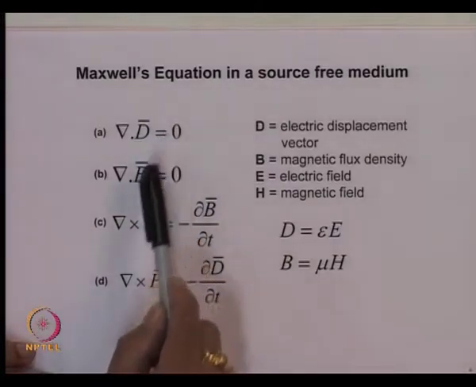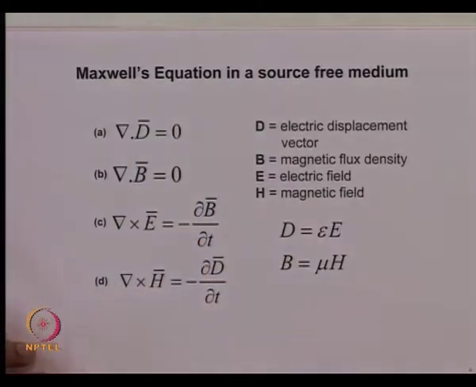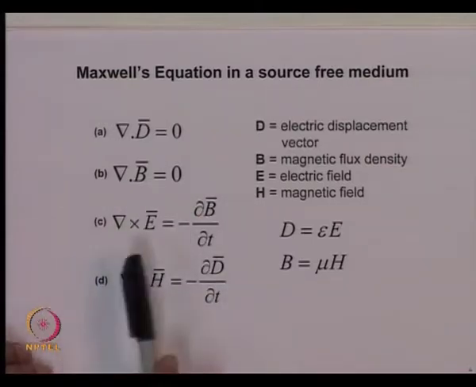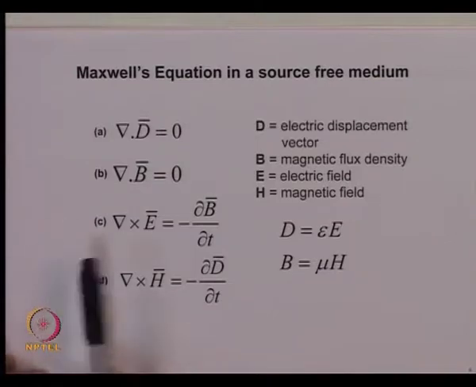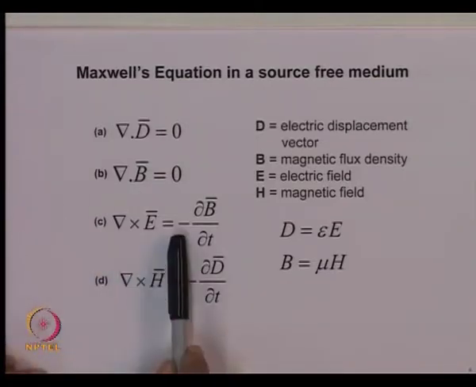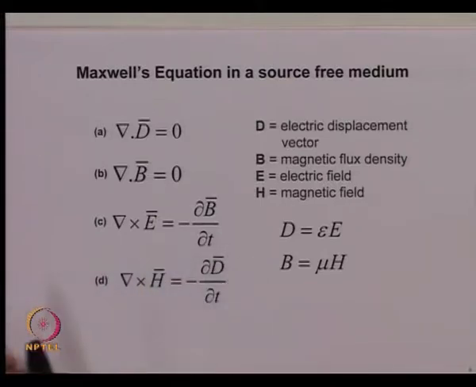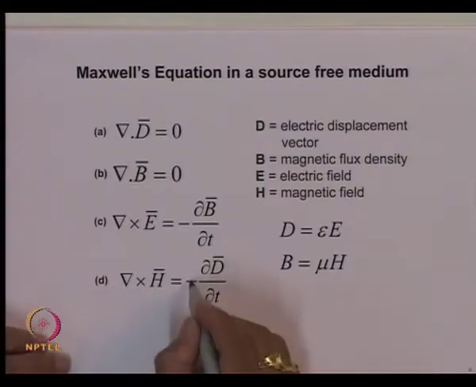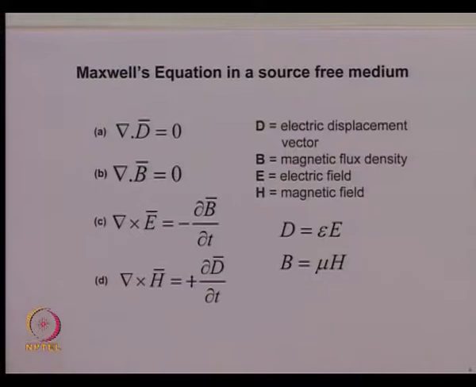These equations correspond to Gauss law. Then we have Faraday's law of electromagnetic induction, which gives the Maxwell's equation del cross E is equal to minus dB by dt. And then we have Ampere's law, which tells us del cross H is equal to dD by dt. There is no minus here, it should be plus dD by dt.